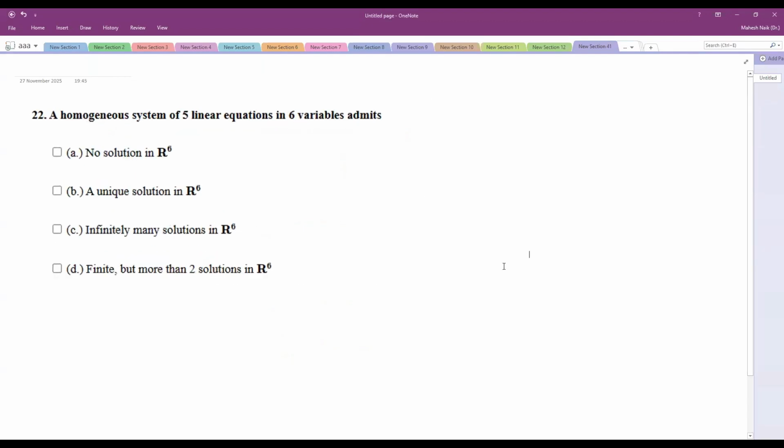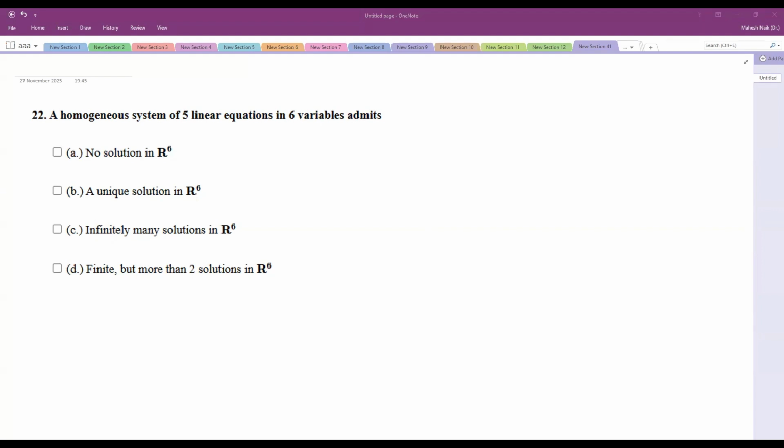So a homogeneous system of 5 linear equations in 6 variables admits. So there are 6 variables, so we expect the solution in R6. There are 5 linear equations. The options are no solution in R6, a unique solution in R6, infinitely many solutions.